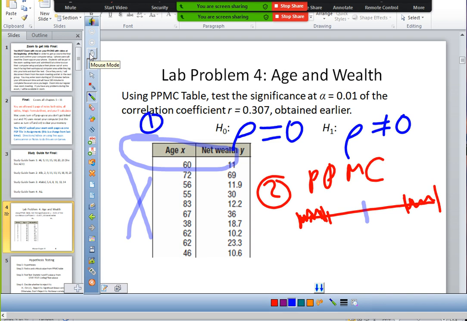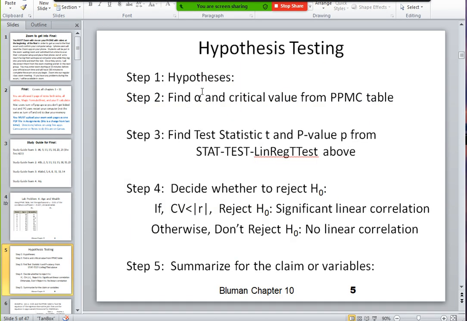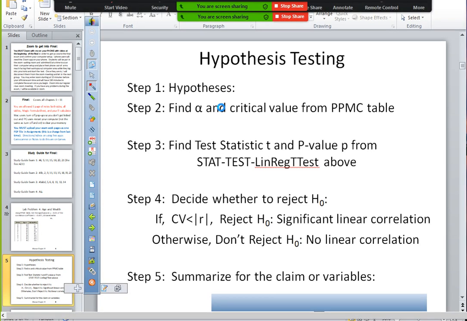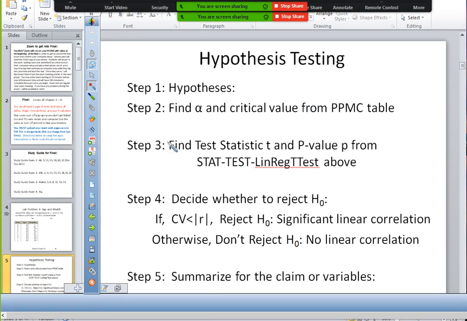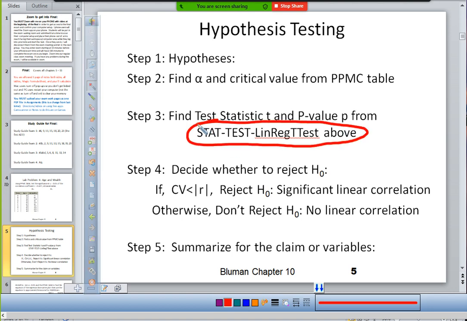Okay. So then what you'll do is you'll do a test stat. And your test stat will give you a value, and you'll see where it falls in this line. So this is a summary, right? Your hypothesis, H0 and H1. Find your critical value from the PPMC table using alpha, degrees of freedom n-2, and then find your test stat. Do not do any formula, just put your x's into list 1, your y's into list 2, and do stat test LinReg t-test.